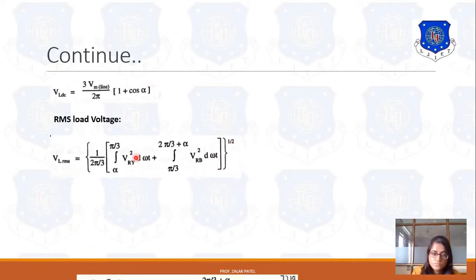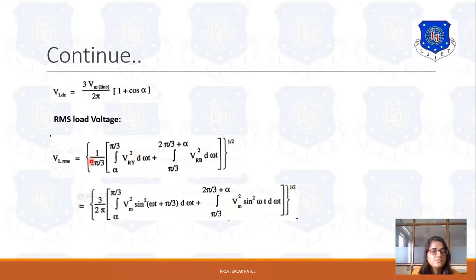This can be written like this: 3 upon 2 pi, integration from alpha to 2 pi by 3, where VRY can be written as Vm sin omega t. Here the square of the equation will be taken, so Vm square sin square.